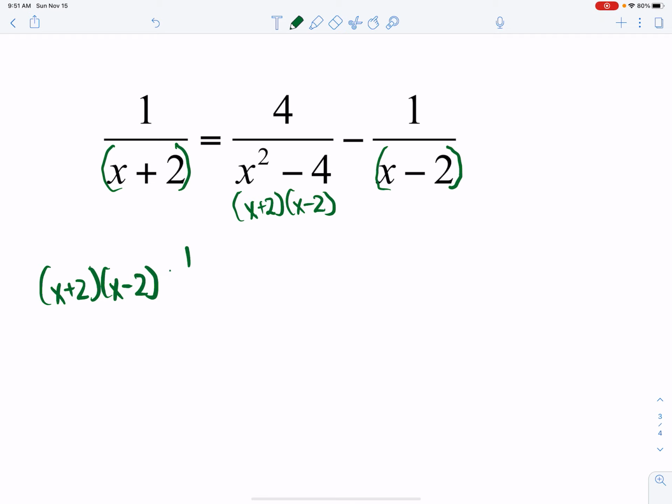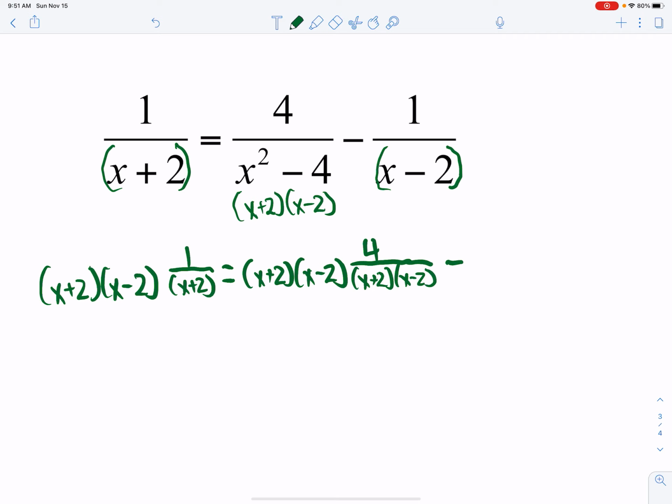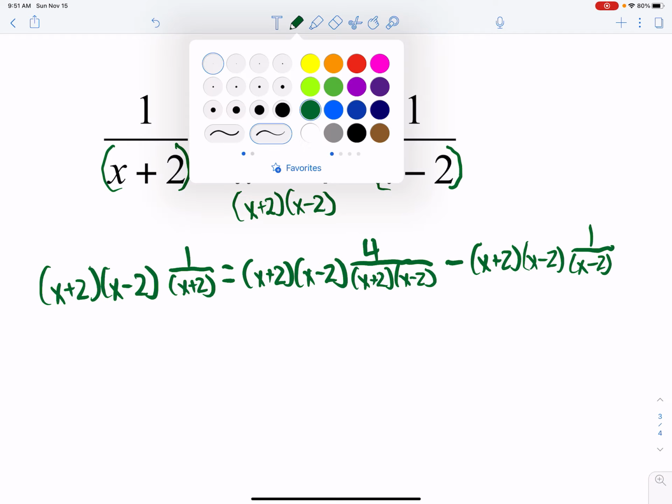X plus 2, x minus 2 times 1 over x plus 2 equals x plus 2, x minus 2 times 4 over x plus 2, x minus 2, minus x plus 2, x minus 2 times 1 over x minus 2. Like that. So now we look for things to cancel out.